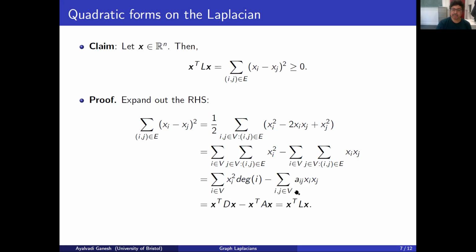That was the definition of the adjacency matrix. And so this first sum, the sum over degree of i times xi squared, is just x transpose Dx. You can check that for yourself. And this, by the matrix multiplication formula, is just x transpose Ax. And then by definition, that's x transpose Lx, which is the left-hand side. So that's just matrix algebra.